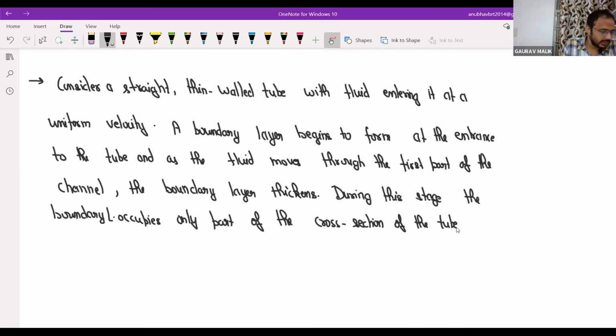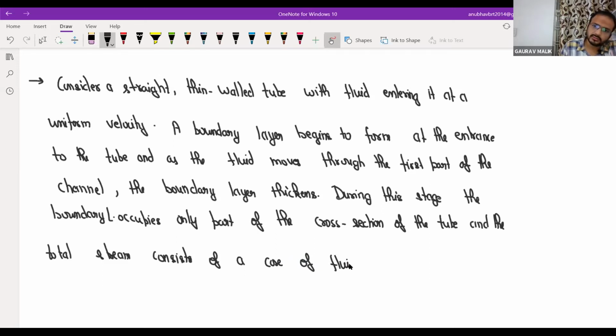And the total stream consists of a core of fluid flowing in roll-like manner at a constant velocity.